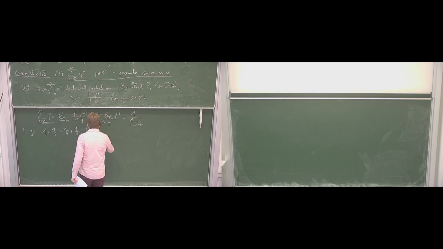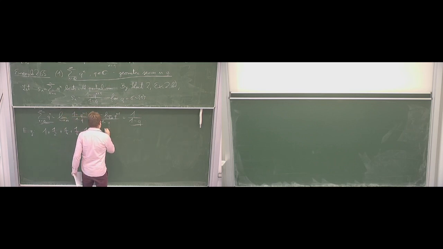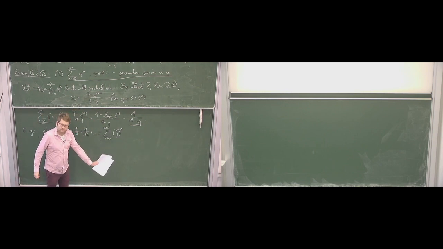So all powers of 2. As a series, this is the same as the sum for n from 0 to infinity of 1/2 to the power of n. Right? This is simply 1 divided by 2 to the n, and this gives precisely this sum.